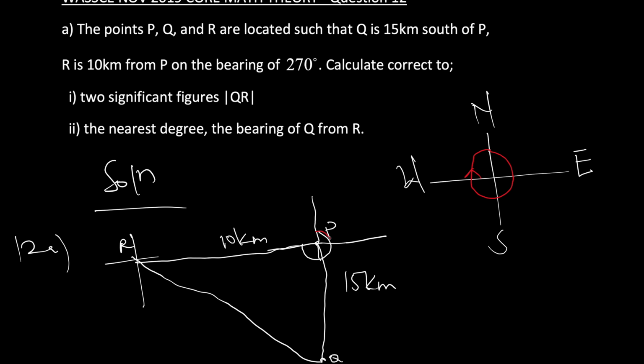So from here to here is 270, and then from here to here is 180. So from here to here is 90 degrees, and this gives us a right angle triangle.